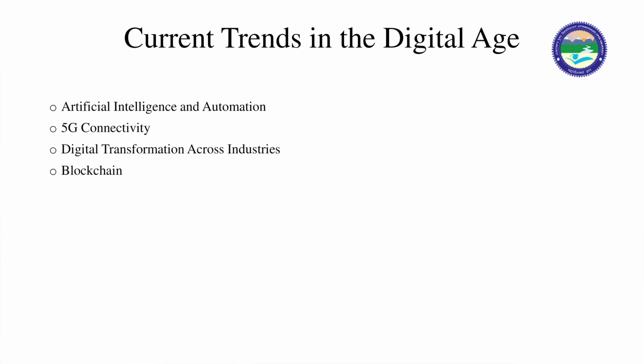E-commerce platforms integrate with augmented reality and immersive shopping experiences. Other than this, many other technologies are also very important in this digital age, like blockchain, which enables secure, transparent digital transactions. Cryptocurrencies like Bitcoin challenge traditional financial systems.